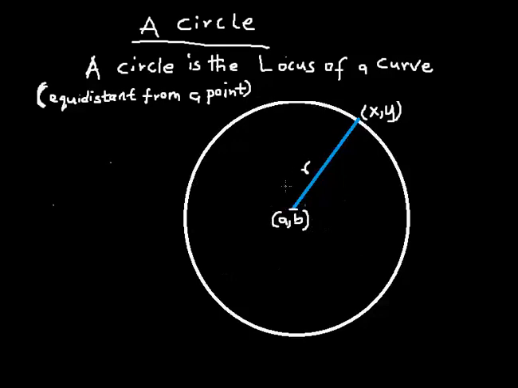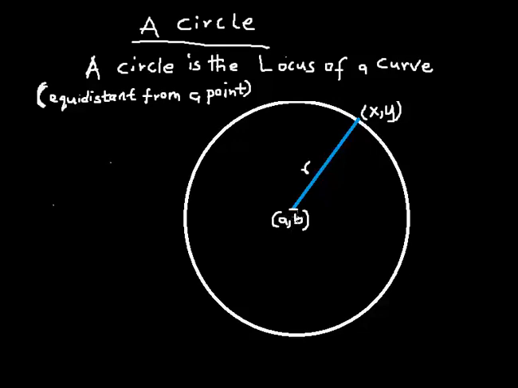So I have a circle here, and the center of the circle has a coordinate a comma b. In this tutorial, I'm going to study the circle based on the coordinate system, where I will represent the center of the circle by a point based on its coordinates.